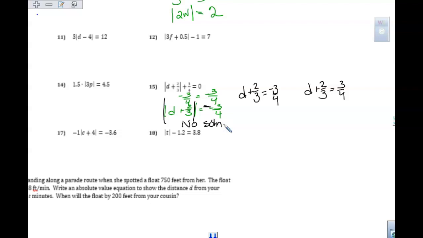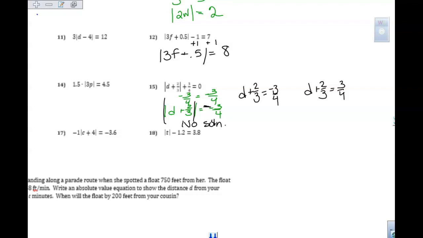You definitely are going to do the split here. I add 1 to both sides, and I get this, absolute value of 3f plus 0.5 equals 8. I'm definitely going to split that and get 2 different answers. But this one, it was equal negative. So you just got to get in your brain when absolute value is by itself.